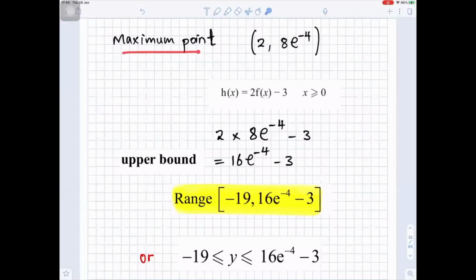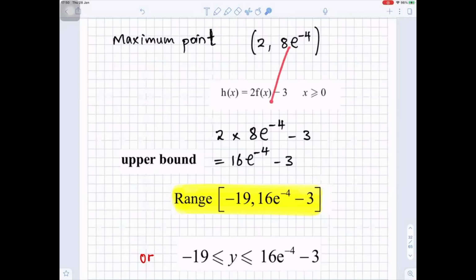From before, the maximum point was 8e to the -4. So h of x is 2f of x minus 3. So 2 times that maximum point minus 3. That will give us 16e to the -4 minus 3.